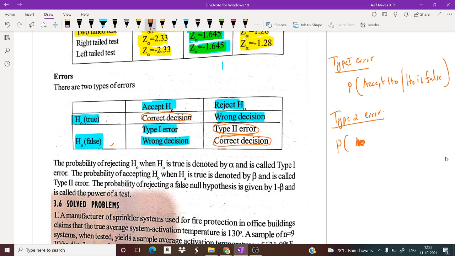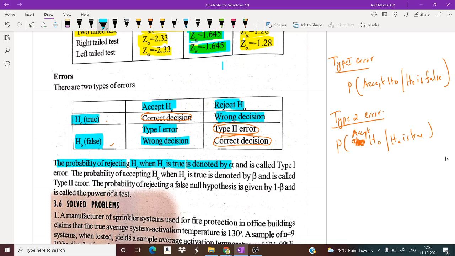So the type 2 error is the probability of accepting H naught when HA is true. I will define here the probability of rejecting H naught when H naught is true.